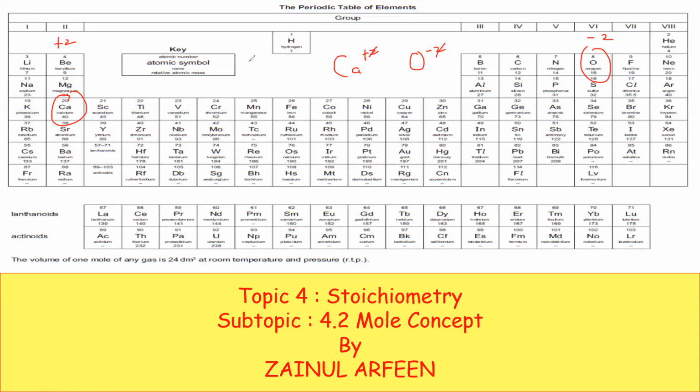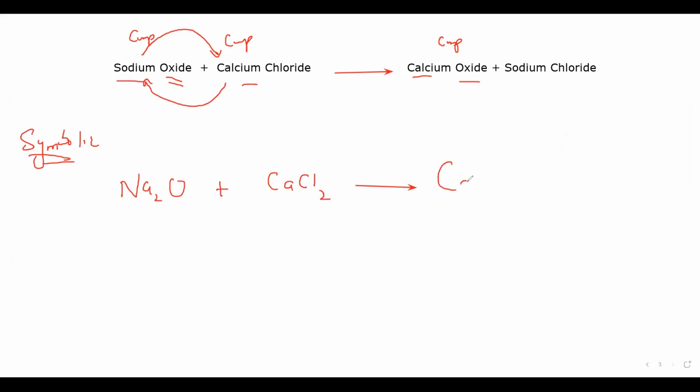The ratio of 2 to 2 is simplified as 1 to 1. So the simplest ratio will be 1 to 1. And then we cross multiply. So when we cross multiply this 1 and 1, the formula of calcium oxide will be CaO.